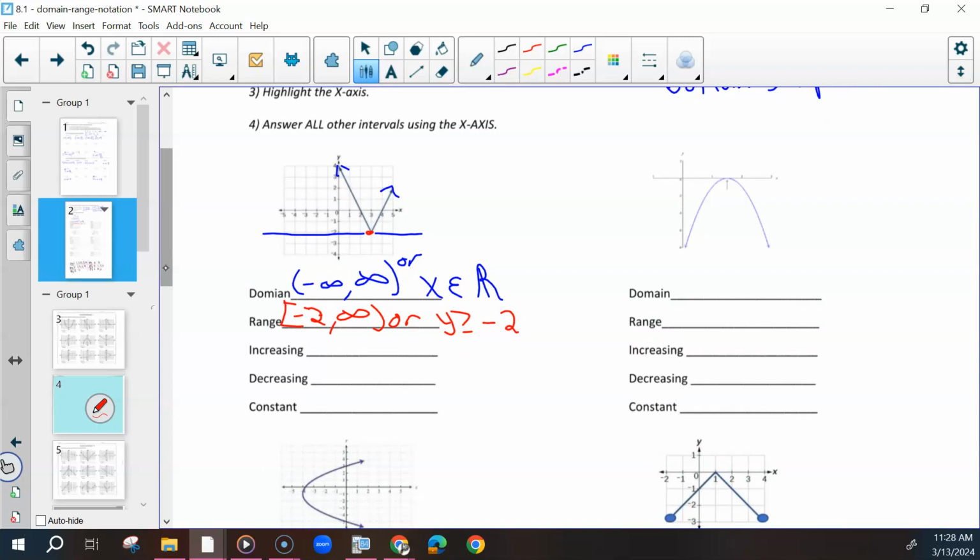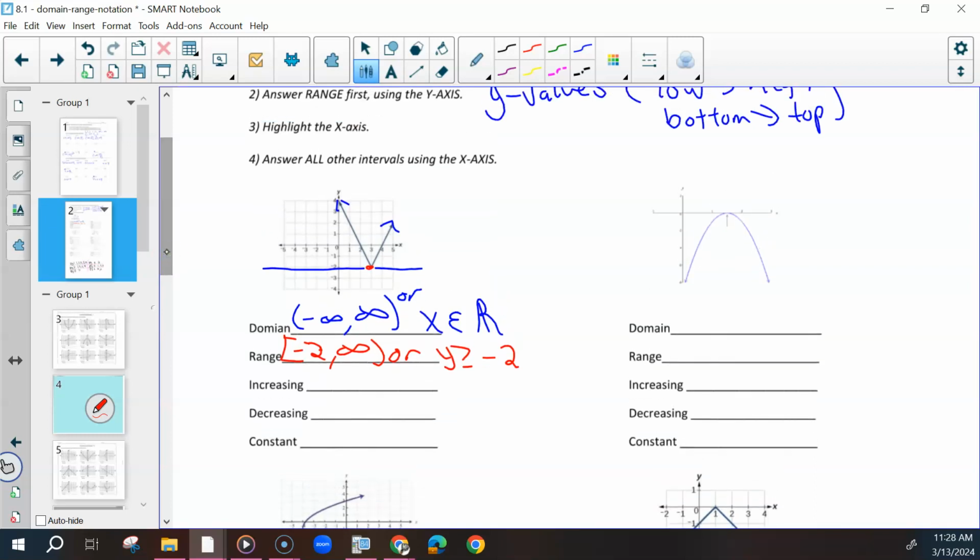Okay. Increasing, decreasing, and constant is a little weird. So for increasing values, you're looking at the x values. We're going to write the x values, but we're also looking at what is the y value doing as you're looking at the x values. So as I'm looking left to right at my x values, here, along this line, if I keep going to the right, my y values start to go down.